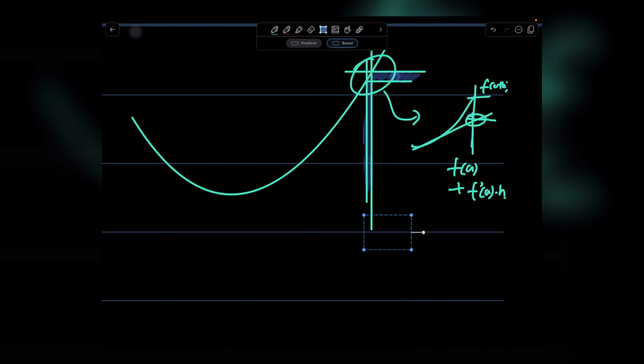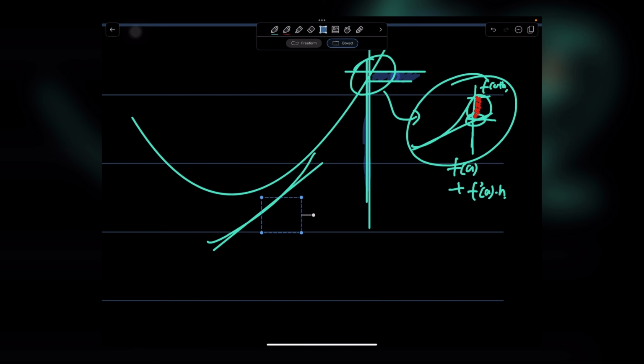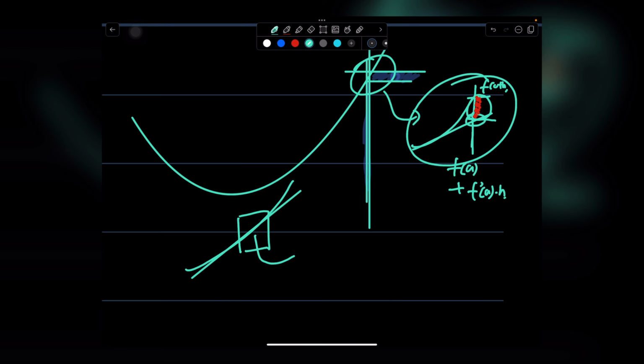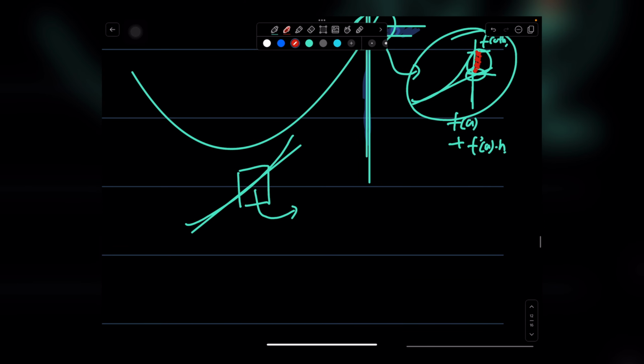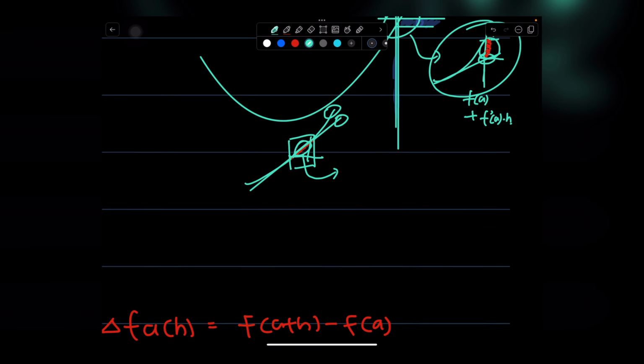When we keep decreasing the value of h, when h is small enough, the amount of error will be smaller and smaller, and eventually, in this neighborhood, you can see that the gradient of this nonlinear function and this linear function is almost the same, and this would simulate the behavior of this nonlinear function well enough.